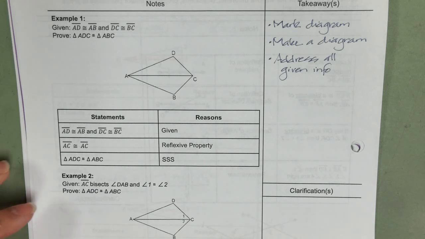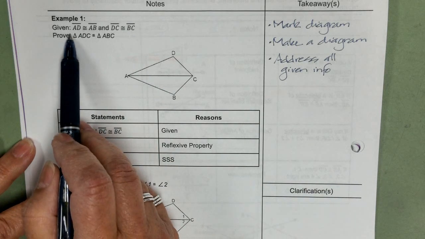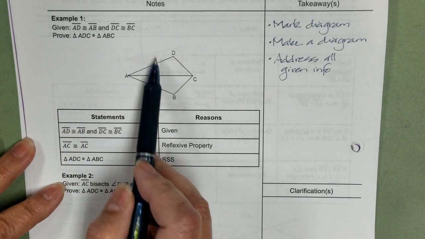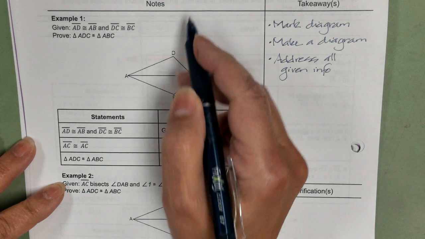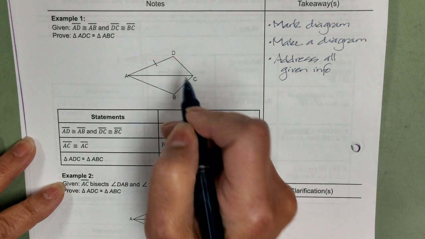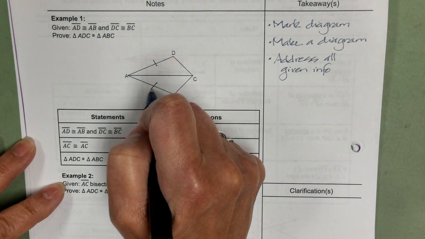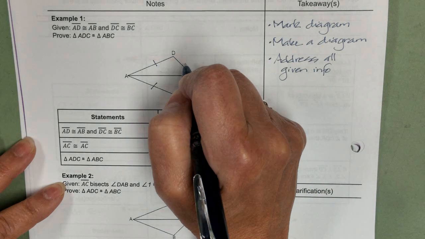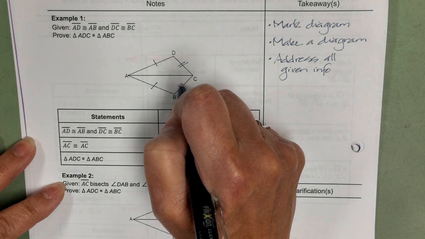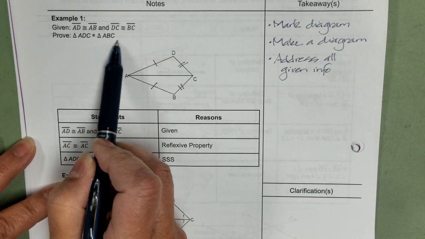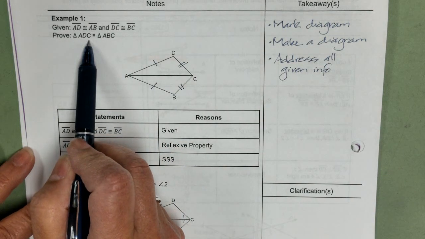Okay, so let's look at this first one. I'm going to mark my diagram because I have a diagram and I've given some information. I'm told that segment AD is congruent to segment AB, and that segment DC is congruent to side BC. And this kind of gives me a clue as well as what I need to be looking at.